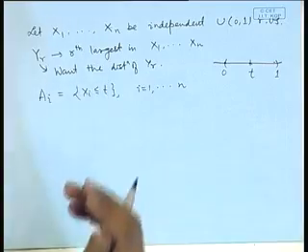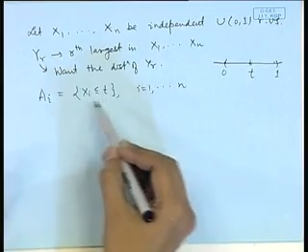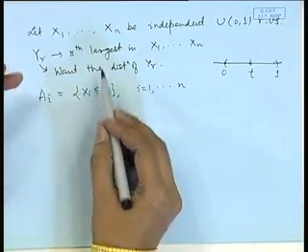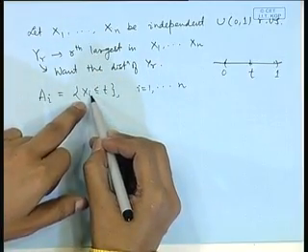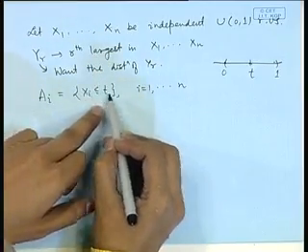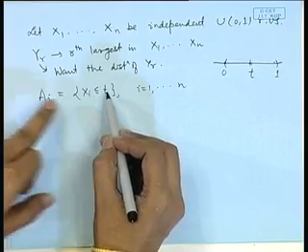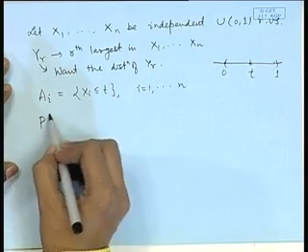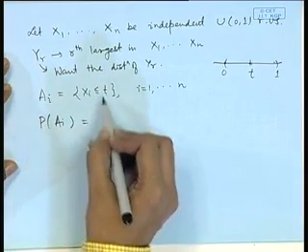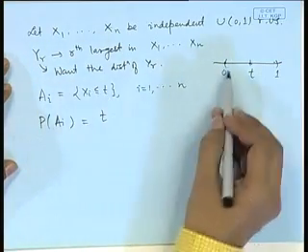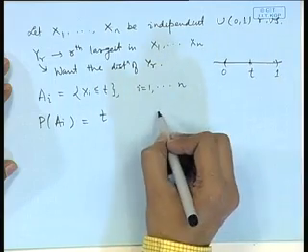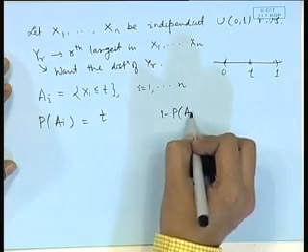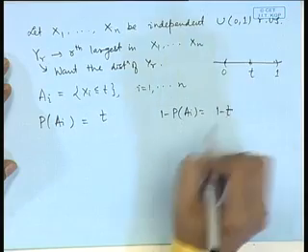So observing x1, x2, ..., xn denotes a sequence of Bernoulli trials, because each xi may satisfy xi less than or equal to t, or it may not. That means Ai may happen or may not happen. And what is the probability of Ai? That is t, where t is a number between 0 and 1. So 1 minus probability of Ai is 1 minus t.